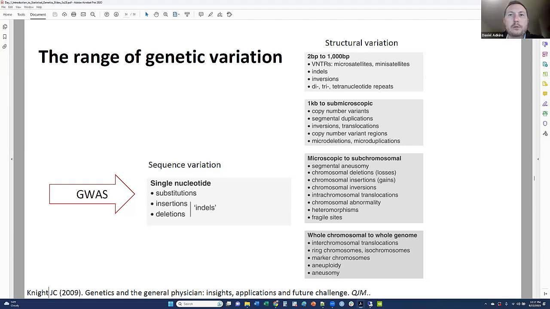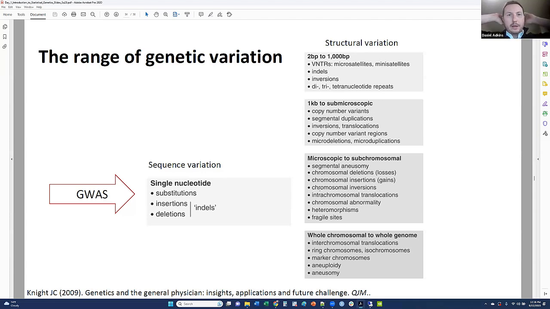So that would be considered a structural variation as well. And then marker chromosomes, these are just little extra chromosomes that you might have. Ring chromosomes, isochromosomes, these are sort of weird structural transformations that can happen to chromosomes, typically very deleterious to the fitness of the organism.